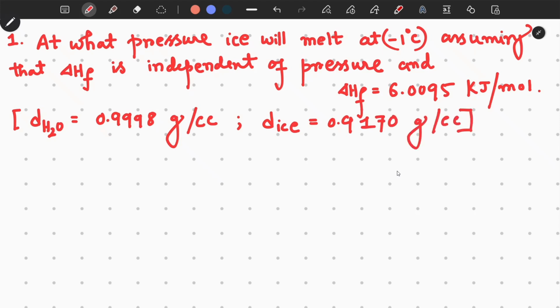This was the question. Let me once check the delta Hf for water, the heat of fusion per mole, whether that data is correct or not.